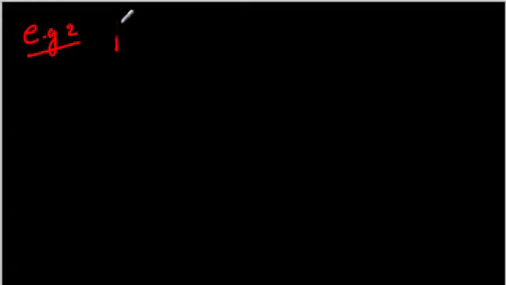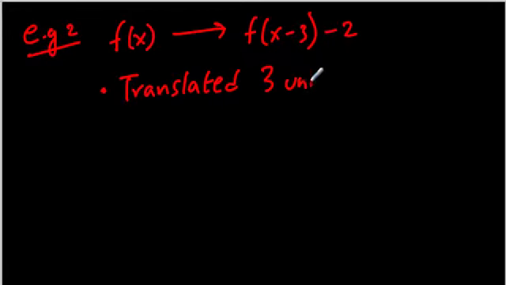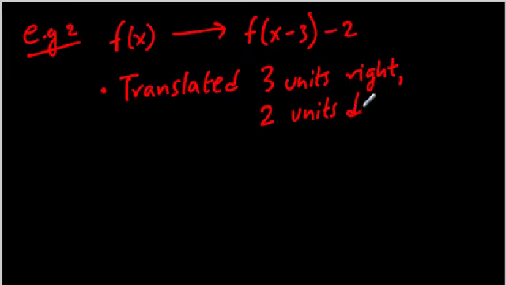Let's say I have f of x and I translate it to f of x minus 3, minus 2. First, it's always a good idea to write the transformations. So it's translated 3 units right, and then 2 units down.